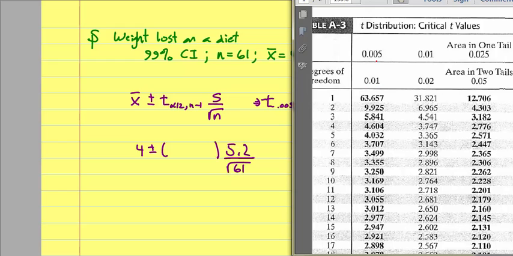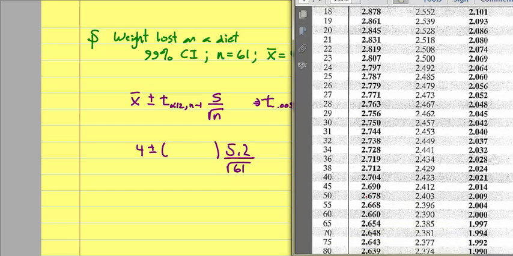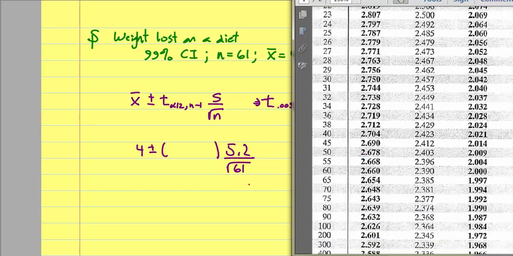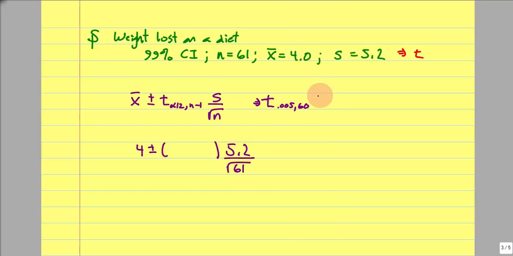The area in 1 tail was the 0.005. So I'm in this first column, 60 degrees of freedom. So this would be 2.660. So this is going to be our plus or minus 2.660. And the plus or minus is already taken up right here. So 4 is my point estimate.